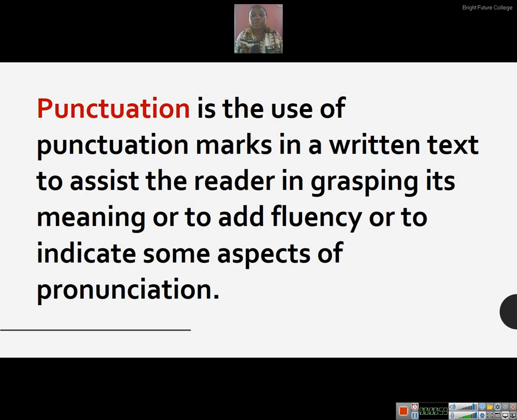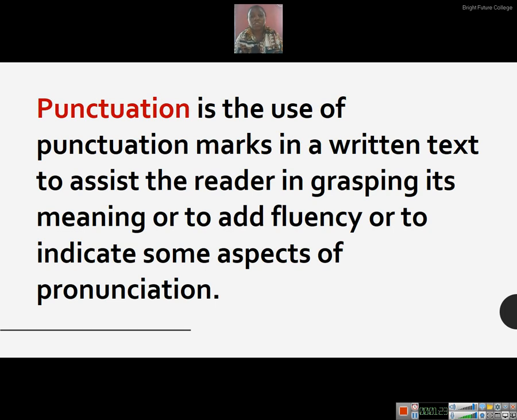Now, when we write, we have to use some marks that will make the reader know that he or she has gotten to the end of a sentence, or he or she should take a pause, or that something was said directly by another person. All of these marks have names. So when we use this mark, we are actually punctuating.